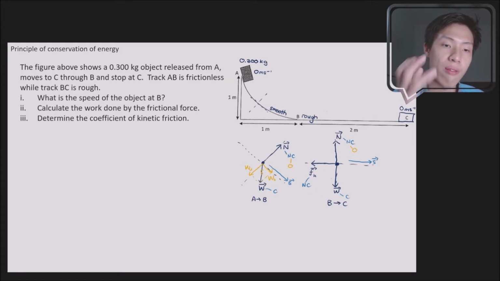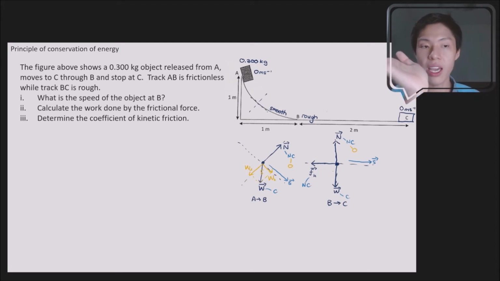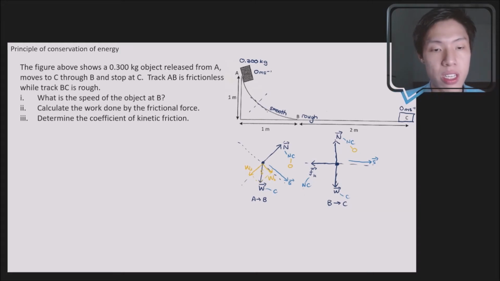And unfortunately, the kinetic friction and the displacement are parallel with each other, just that they are in opposite direction. And if they are in opposite direction, the work done by kinetic friction will not be equal to 0. In fact, it will be a negative work done by kinetic friction. Your weight will not be doing work because it's perpendicular as well.